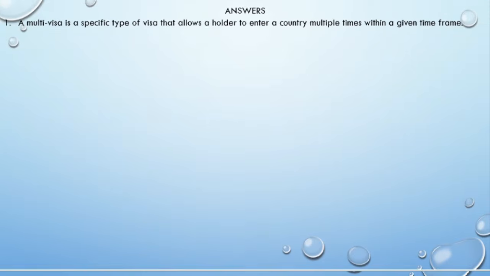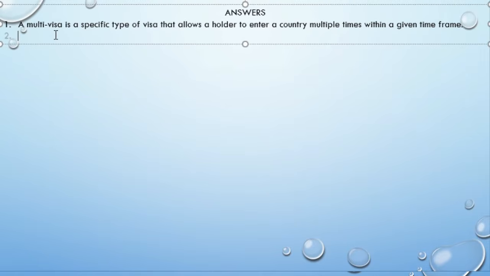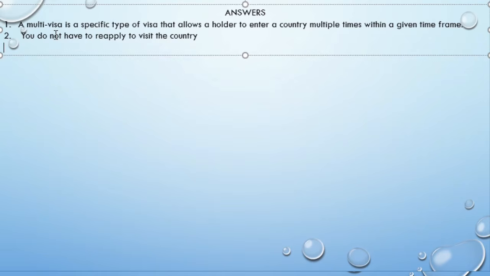Okay, let us look at question 2. It says, what are the advantages of a multi-visa? The advantage is that you do not have to reapply to visit the country, and also you can travel at short notice.